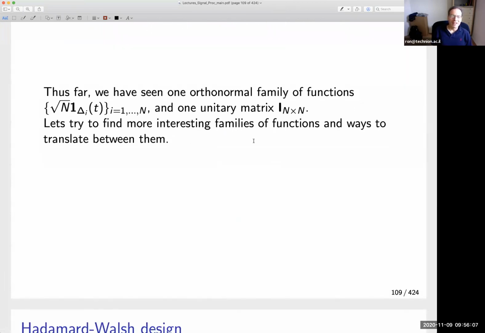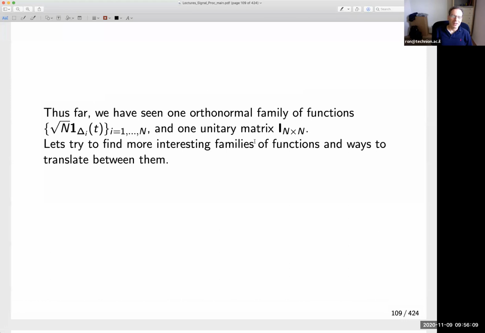So remember, until now we have seen one not so interesting family of orthonormal functions. This was the set of functions that had support over an interval of length 1 over n, and therefore the value of this function was nothing but 1 over square root of n, so that the inner product would be equal to 1.